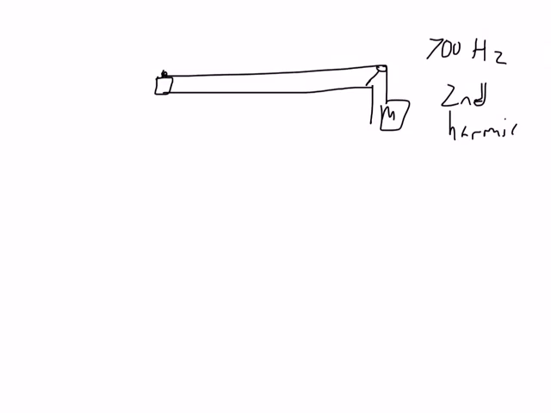So we have a couple different points on that string, the two ends, and then it's divided up into parts. Let's see if I can get this right. Kind of like this, I think. Oh, that's 11.